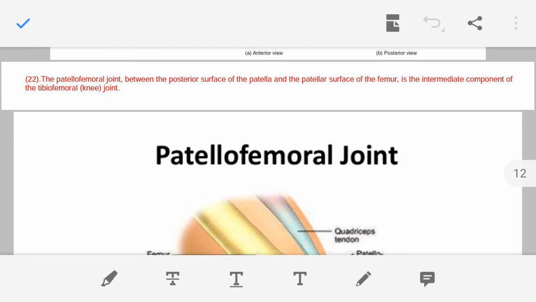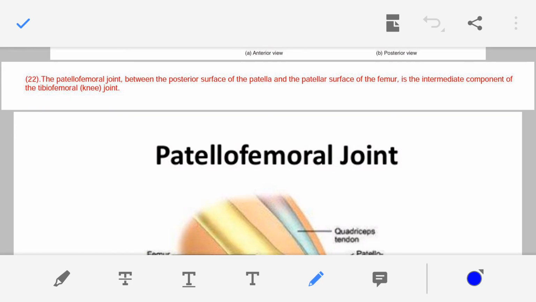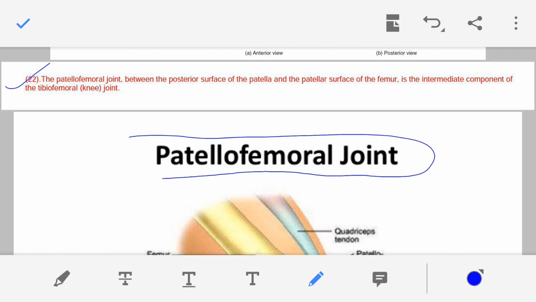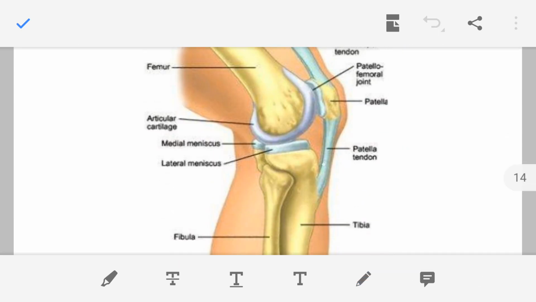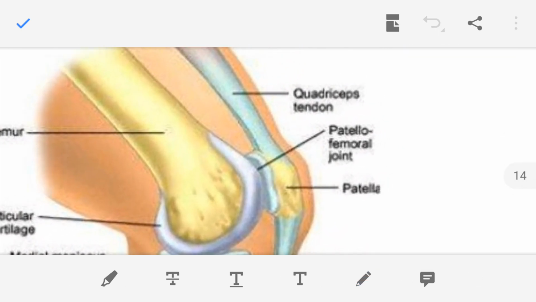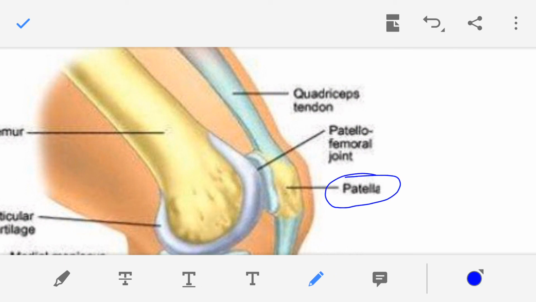Now point number 22 is regarding the talofemoral joint. Now where is this joint present? So between the posterior surface of the tala, let me show you. This is the tala.